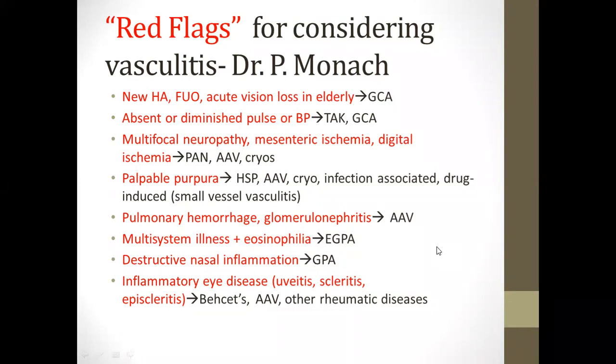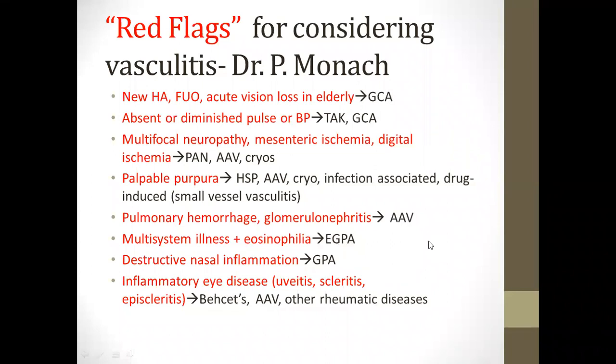So the red flags for considering vasculitis: if you have a patient with new headache, FUO, acute vision loss, you're going to be thinking about GCA. If you have absent or diminished pulses or blood pressure, that would be Takayasu's. That's what the TAC there is for, is Takayasu's or GCA. So those are large vessel vasculitides. They are now using the terminology multifocal neuropathy. We always, back in the day, called that mononeuritis multiplex.